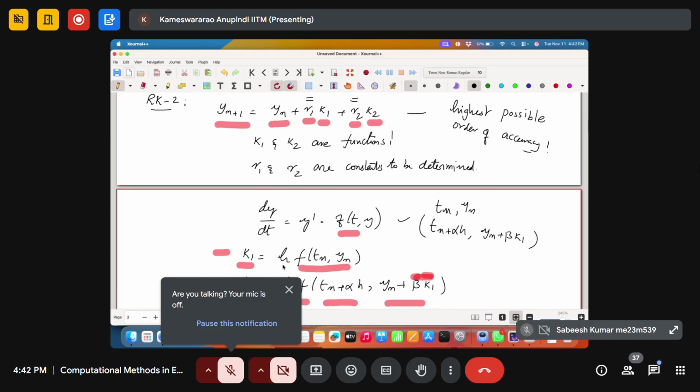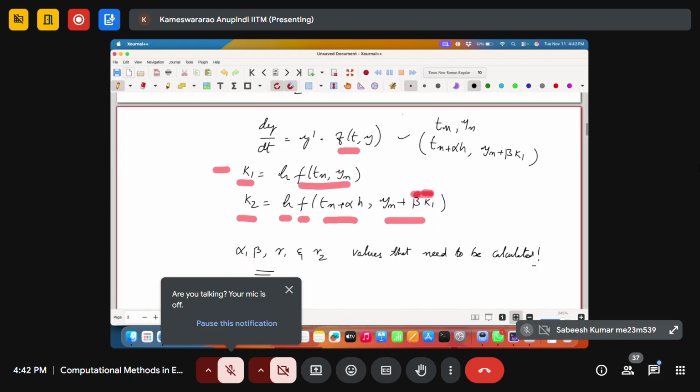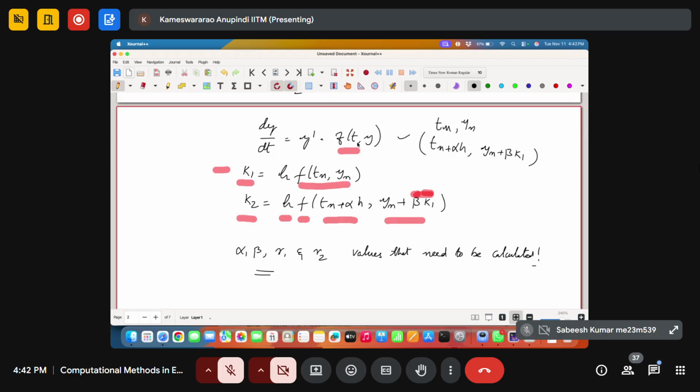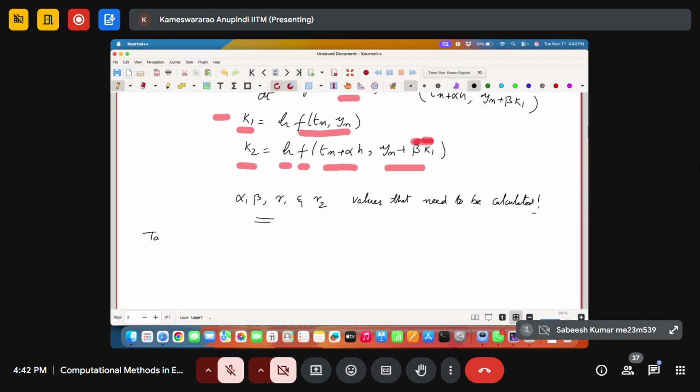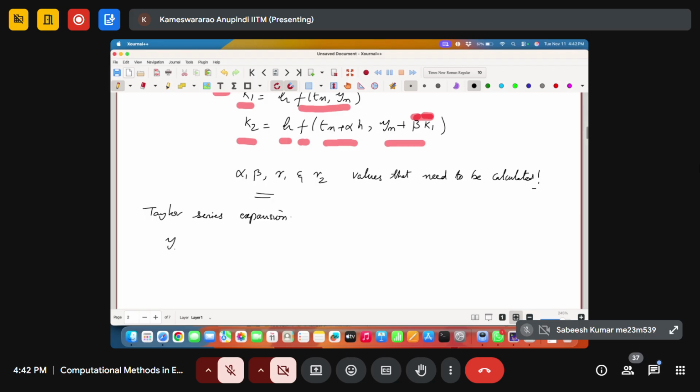Okay, so then let us write. So the right hand side is given here, f of t comma y. So let me write using Taylor series expansion. Taylor series expansion for yn plus 1 can be written as yn, right, plus delta t, that is h times dou y by dou t at n plus h square by 2 factorial dou square y by dou t square at n plus h cube by 3 factorial dou cube y by dou t cube at n, and so on.